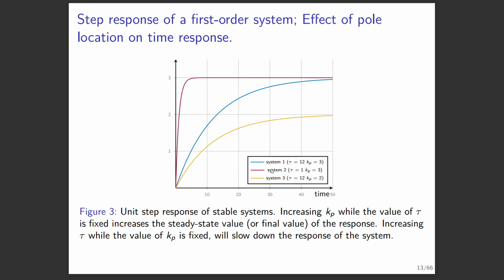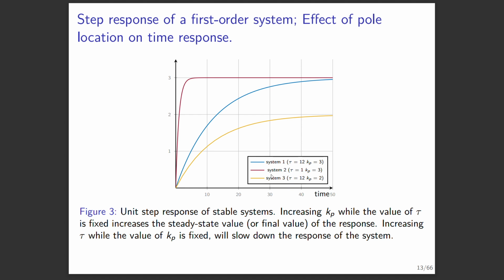Well, blue and red are identical for their final value because gain is the same and the input was the same. It was a unit step. But what is different between these two responses? Well, this one is much faster. This one arrives at the final value almost here. For blue, it takes forever. So blue is much slower. The only thing that is different for them is tau, the time constant.